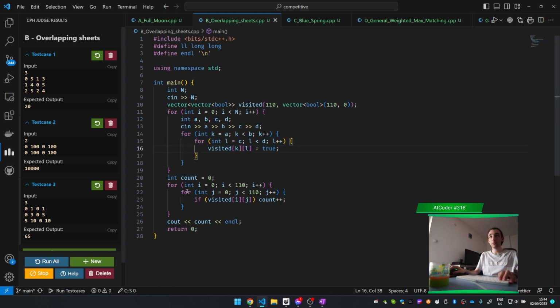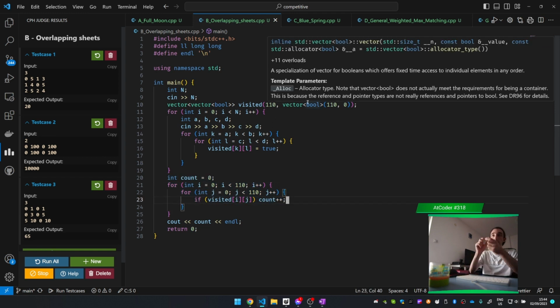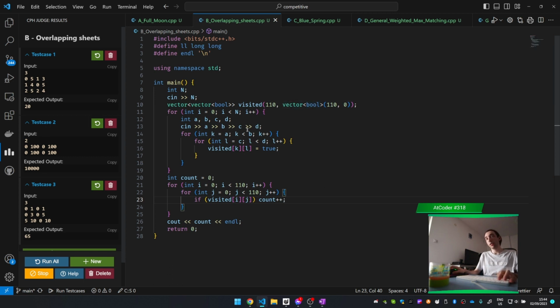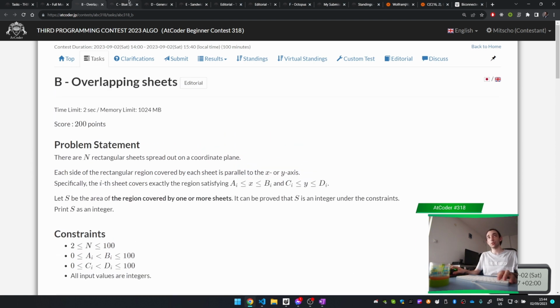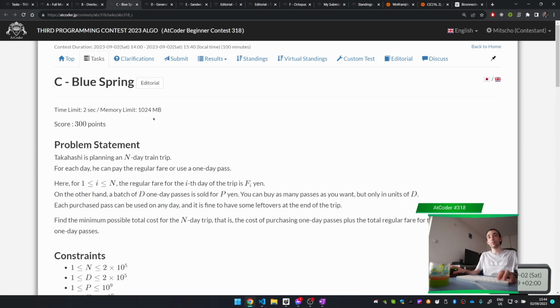After that, you want to count how many of these bits are on in this matrix. I mean, booleans. So it's a pretty straightforward problem, but it's an interesting technique to know, to brute force.